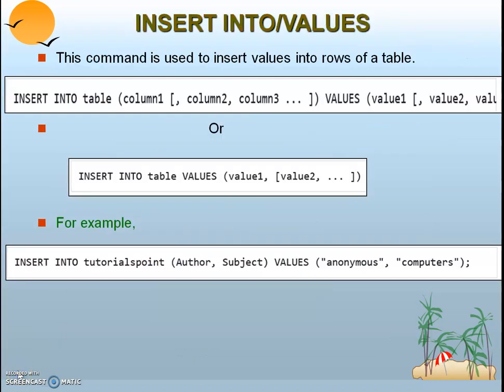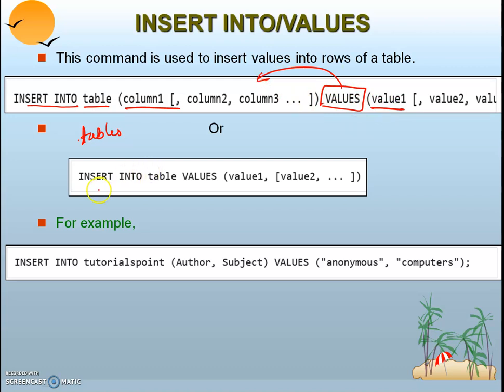Next is insert into values. Insert into values is used for inserting the values inside the table. The syntax goes something like this: insert into, mention the table followed by the columns where the data has to be inserted, and give values and mention the values for the columns.